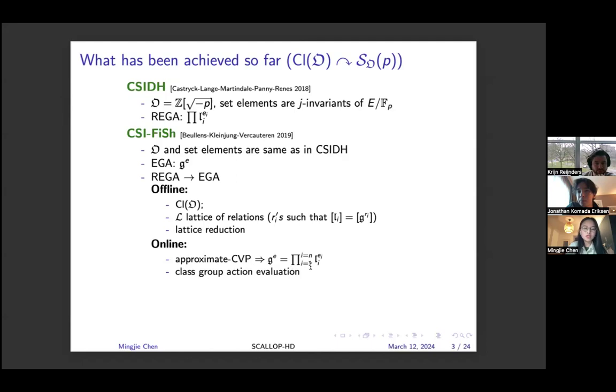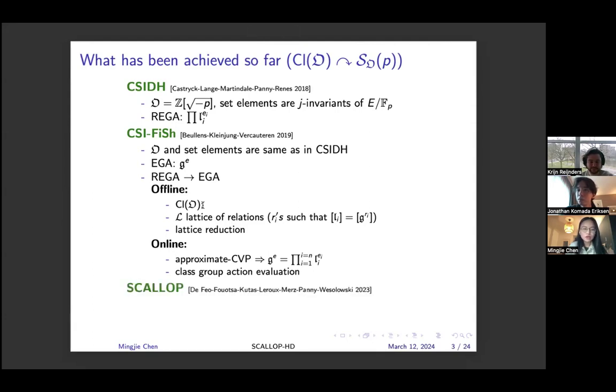That will be more efficient. Okay, so that's what's done in CSI-FiSh. However, their method cannot really scale to bigger parameters because of the obstacle that's imposed from the class group computation, which takes sub-exponential time classically.